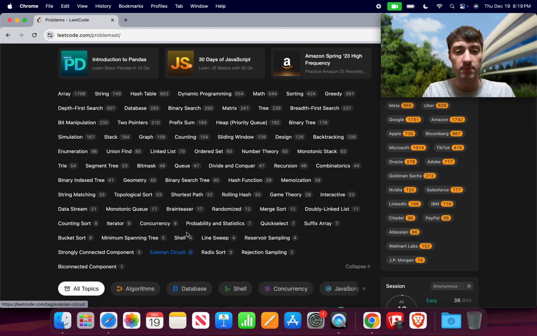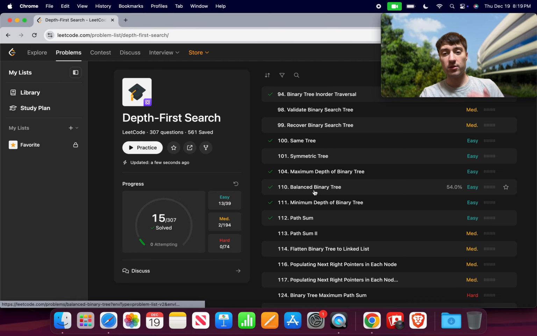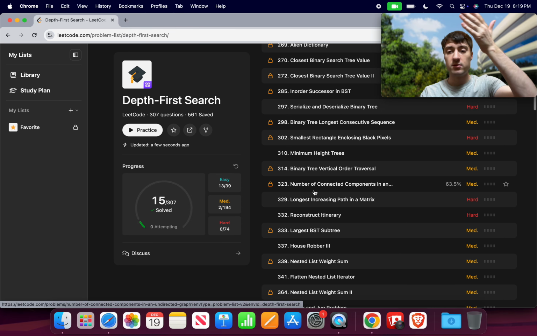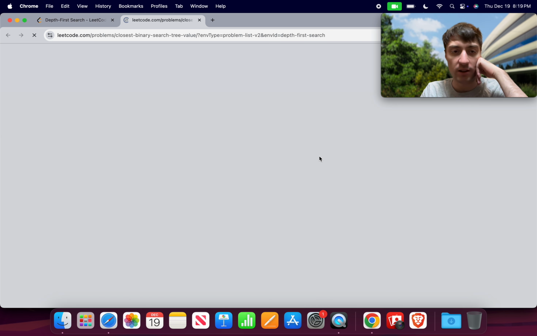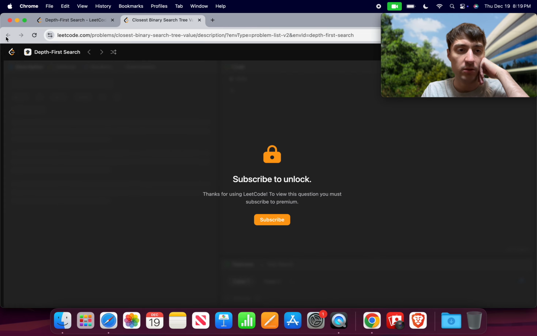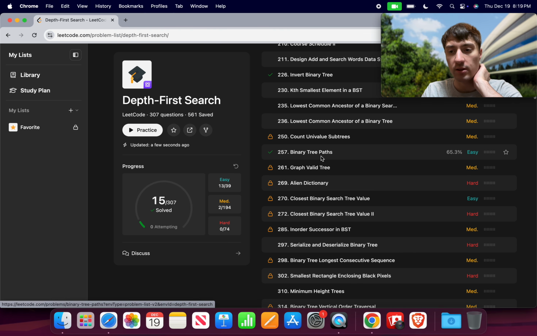Let's come here. We're doing depth first search, and we're going to do the closest easy that we see. Go up until we get an easy. Closest binary, no, we're not doing this one. We already did this one.